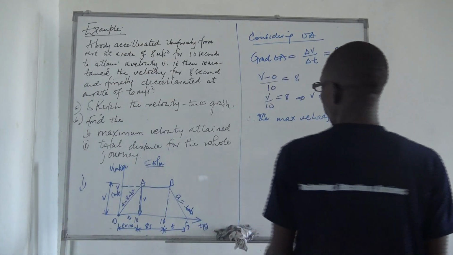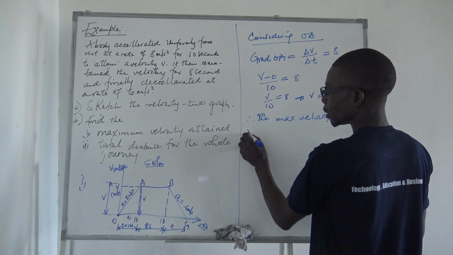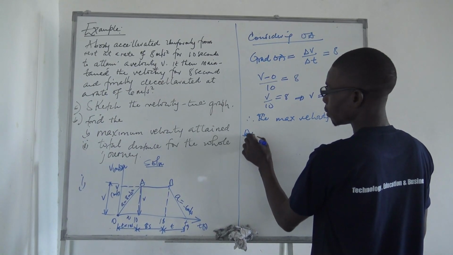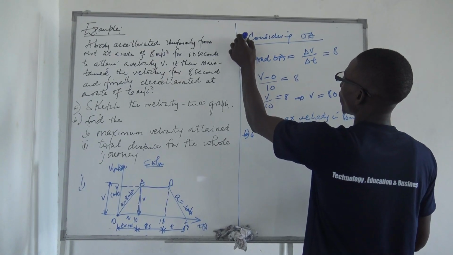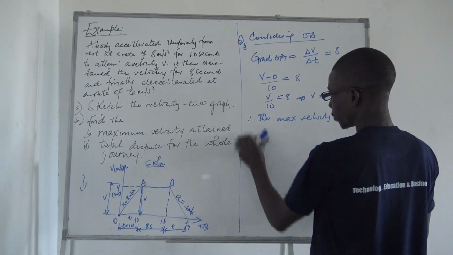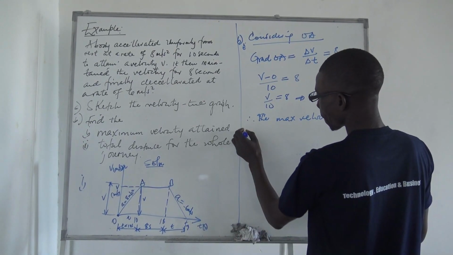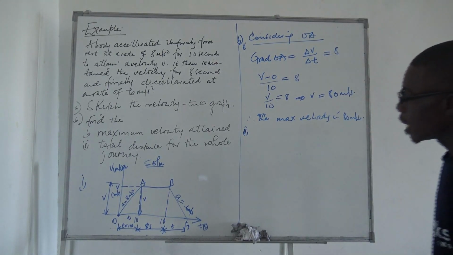Clear? And then you can now say, what is the total distance? Part B. This is part B, Roman 1. This is Roman 2. That is Roman 2.